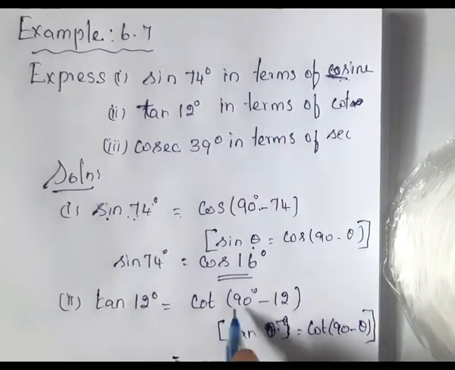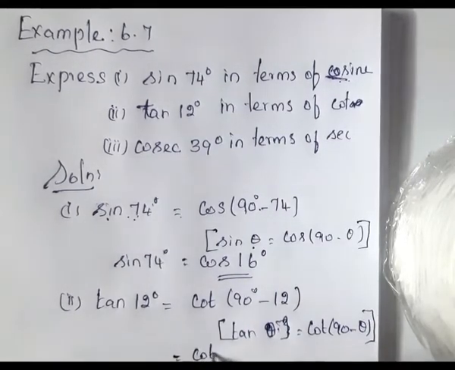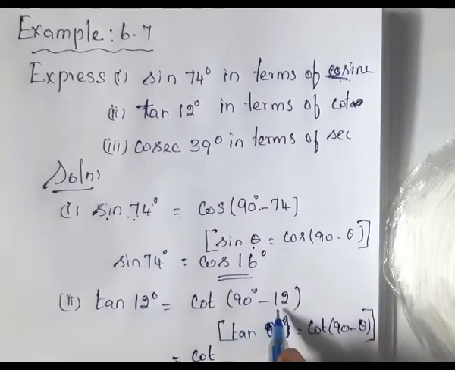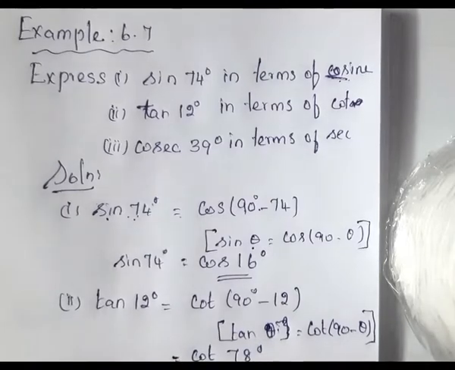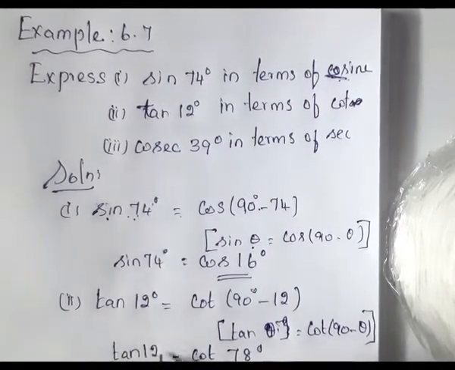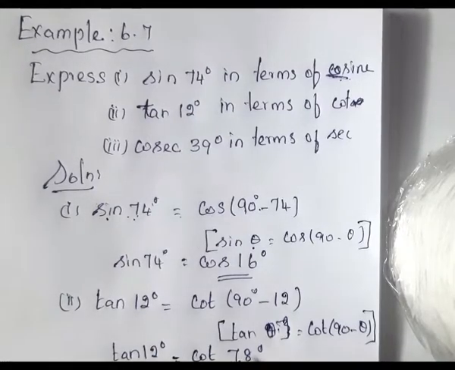So that is equal to cot 90 degree minus 12, 78 degree. So we rewrite it as tan 12 degree is cot 78 degree.